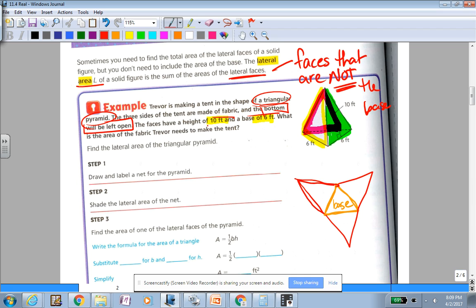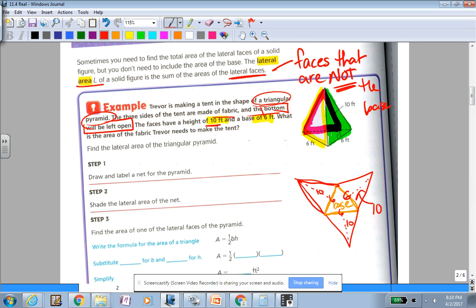Now, it mentions that the faces have a height of 10 and a base of 6. Well, here's my height, 10. Here's my base, 6. Height, 10. Base, 6. Height. I know this is a really bad sketch.